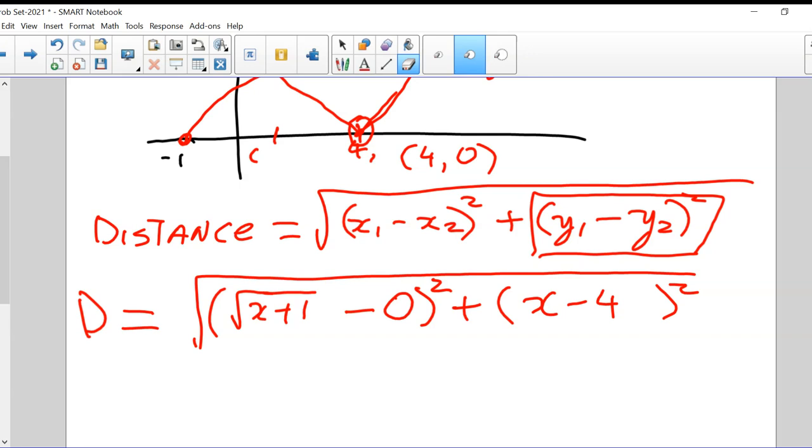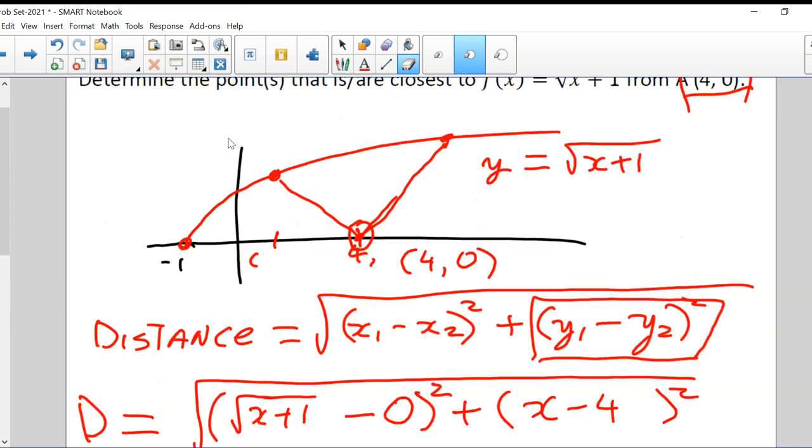Okay, Adam and Sarah and Tomalea, thank you very much for responding. Okay, so what happens when I square the first bracket? Why the derivative? Okay, we're going to get the derivative. Thanks, Adam, for asking that very pertinent question. Because after we simplify this function, the question is, what value of x gives us the smallest distance?